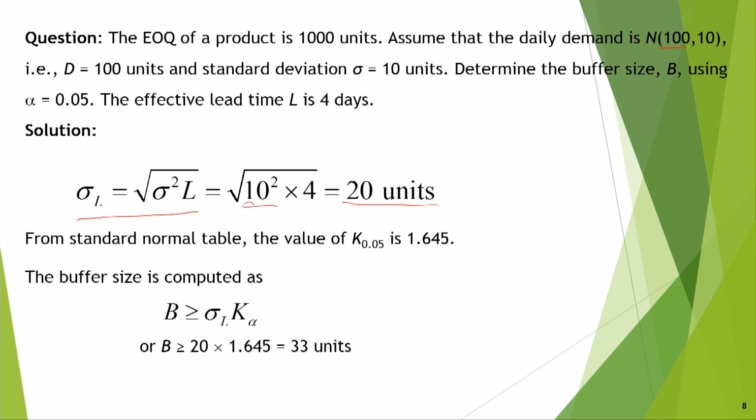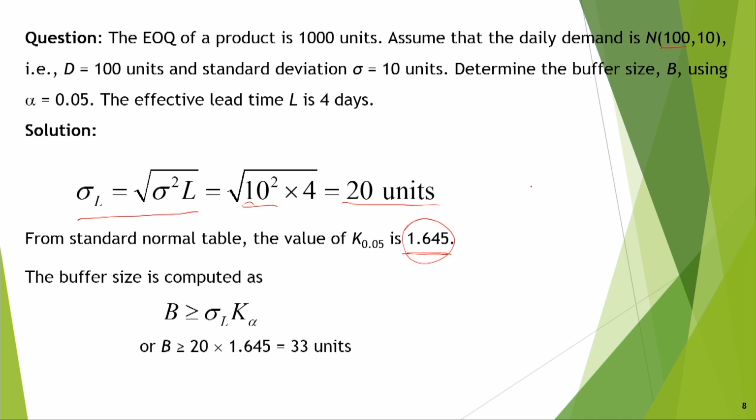Now from the standard normal table, the value of K 0.05 is 1.645. You already know that between plus and minus sigma, that much data lies, and 1.645 is the value obtained from the Z table.